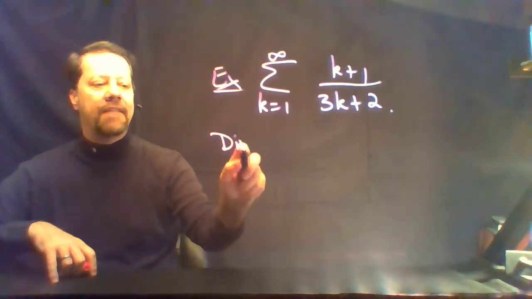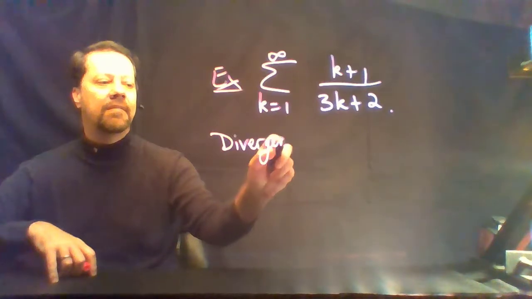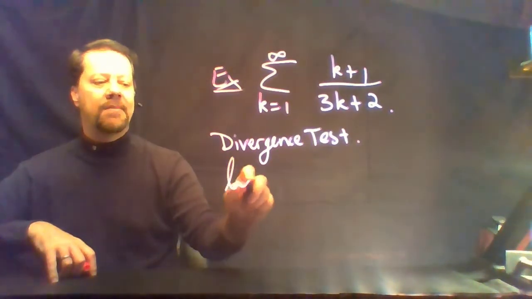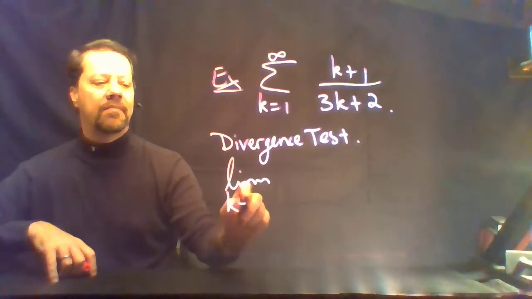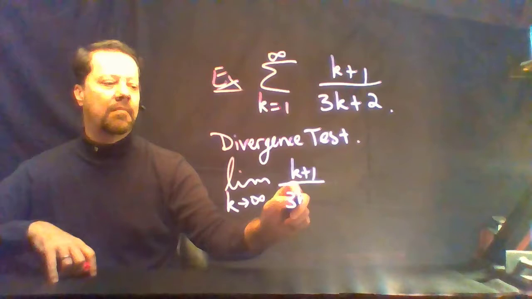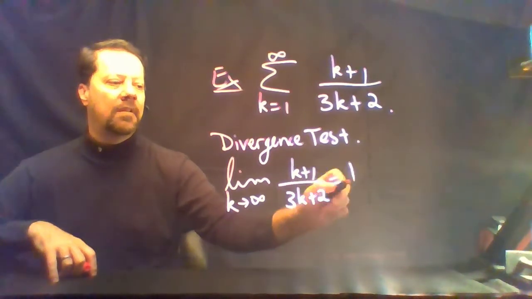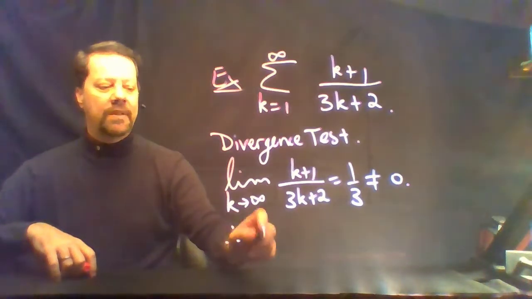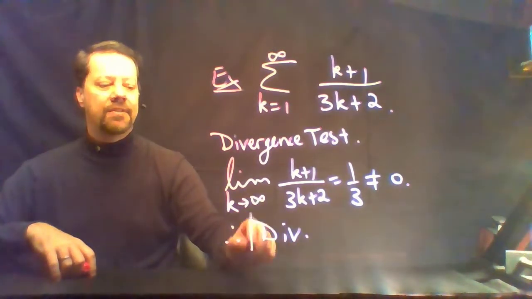We will apply the divergence test. We'll just take the limit of the terms. We'll get 1/3, which is not 0. We deduce that the series diverges.